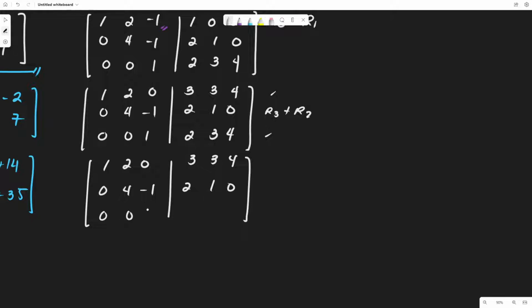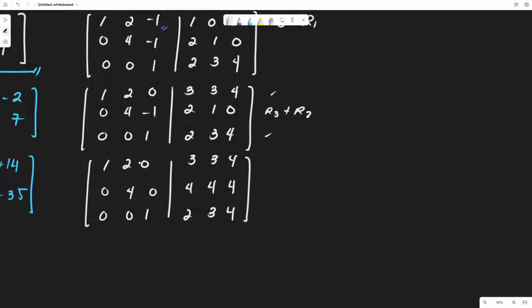Then 0, 0, 1, 2, 3, 4. Oops, sorry, bubrayin ko pala to, yung mid. So, 0 plus 0 is 0. 0 plus 4 is simply 4. 1 plus negative 1 is 0. 2 plus 2 is 4. 3 plus 1 is 4. Then 4 plus 0 is 4.